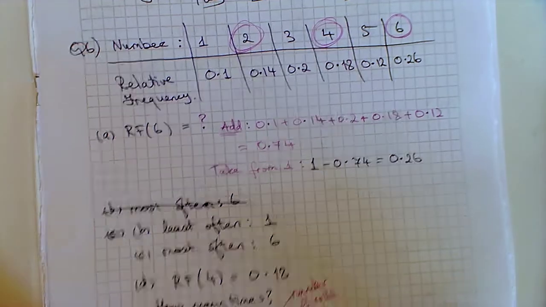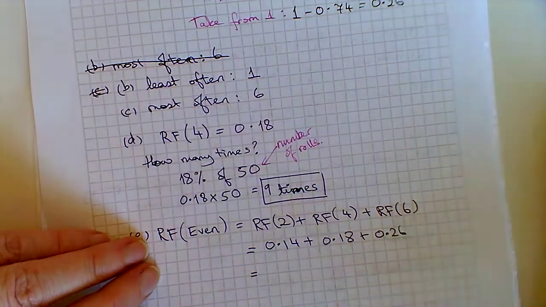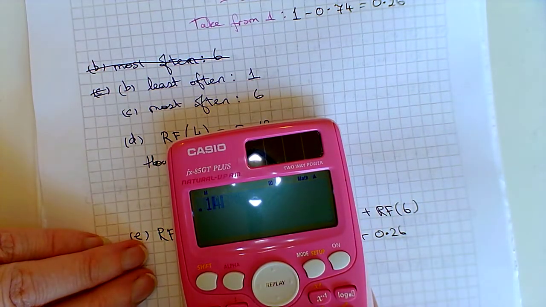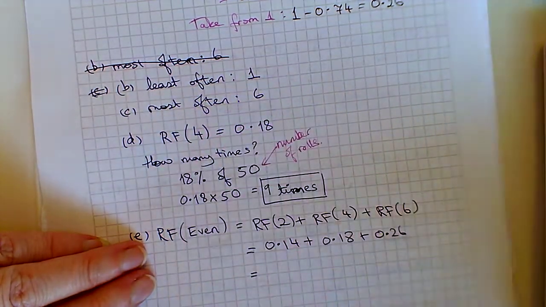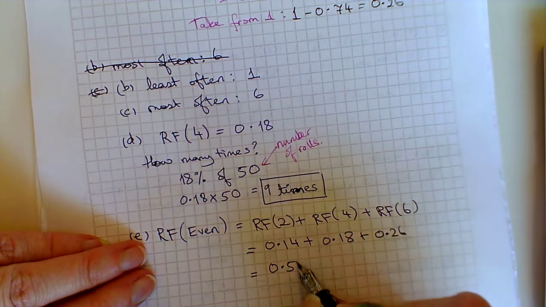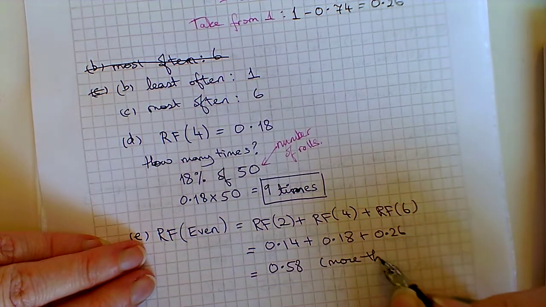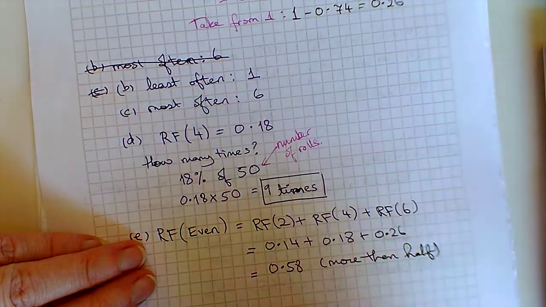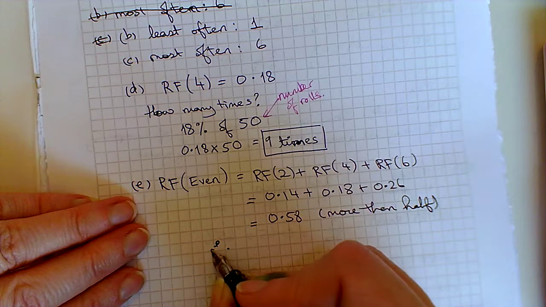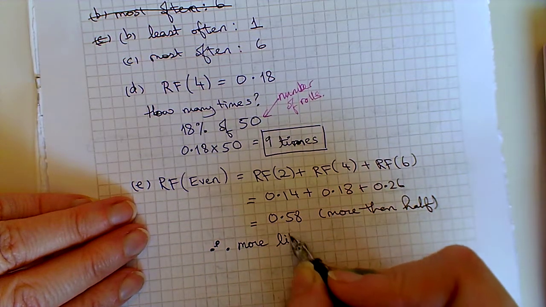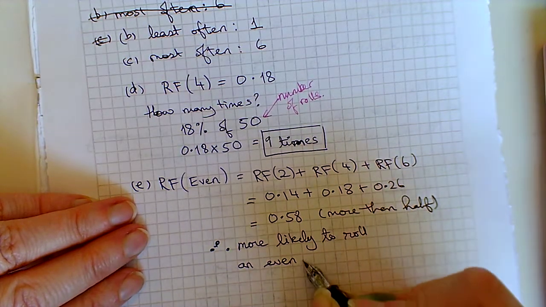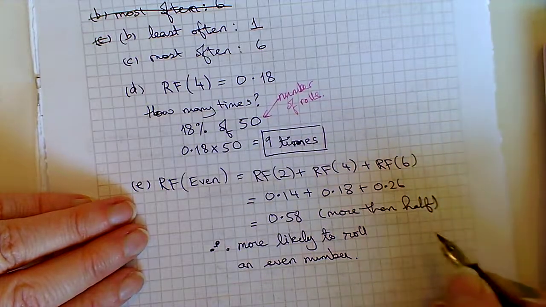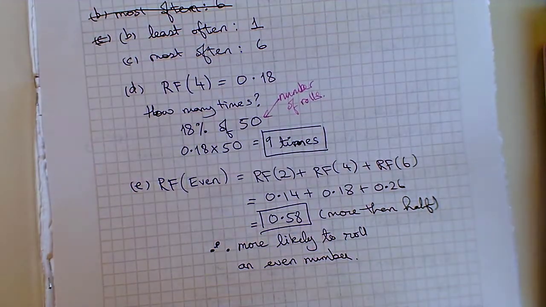That's just coming from the table. And that gives us a total of 0.58. That's more than 50%, more than half. So therefore, we are more likely to roll an even number. I don't even need to calculate the odd ones. I can see that that's going to be bigger because it's more than half.